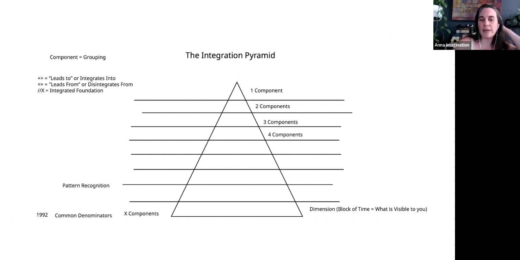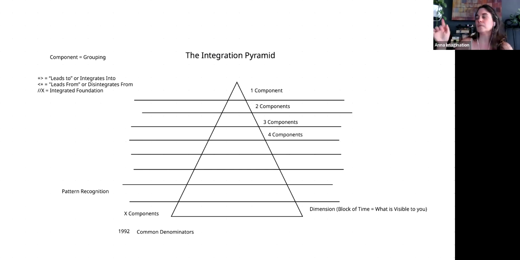But pattern recognition, I didn't do that until 2023. That's when I figured out the pattern, and that's when I broke the code. So you guys are going to break the code, or you're just going to come here and figure out the code, and then you'll just apply it to yourself. So you guys are going to go a lot faster than I did.